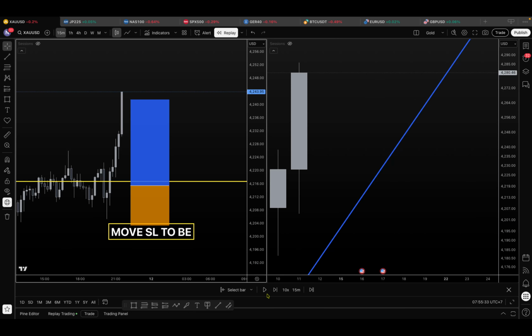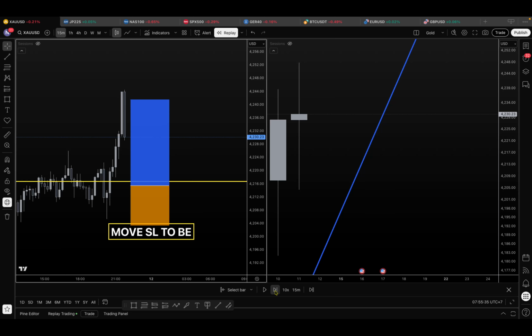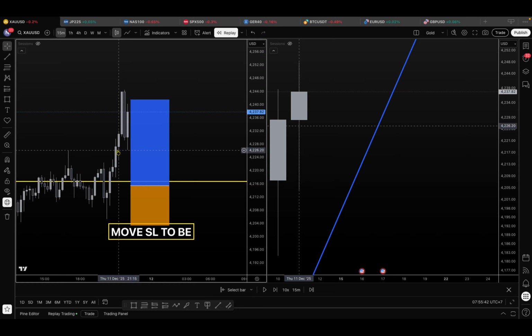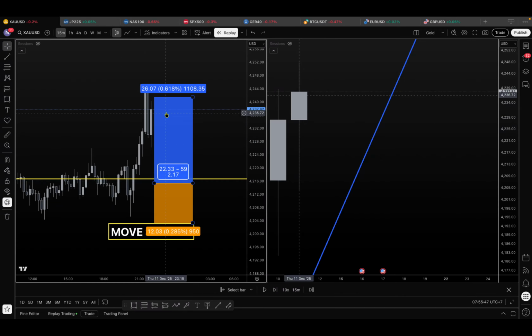But the price created this candle, and I decided to close the trade right after.